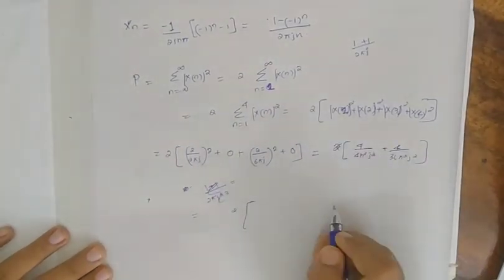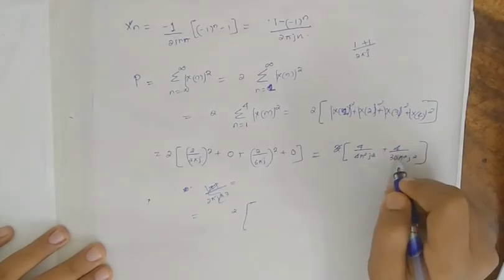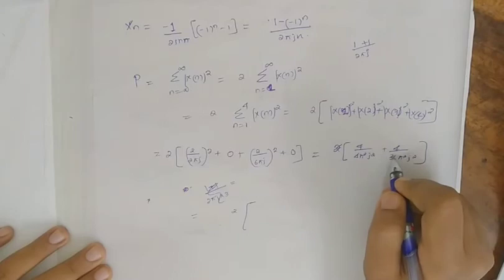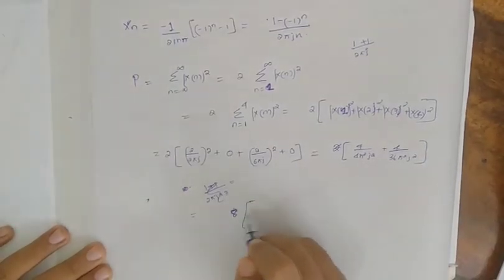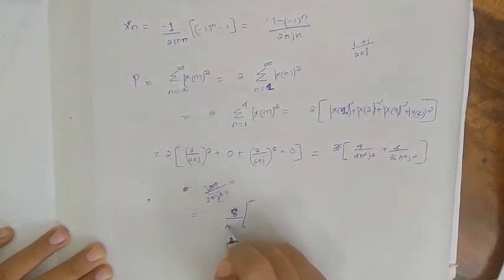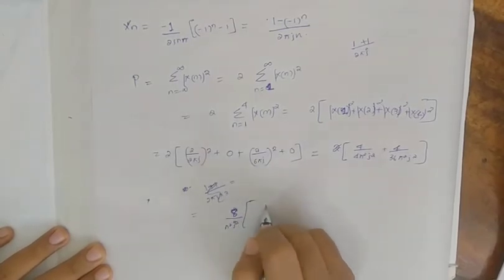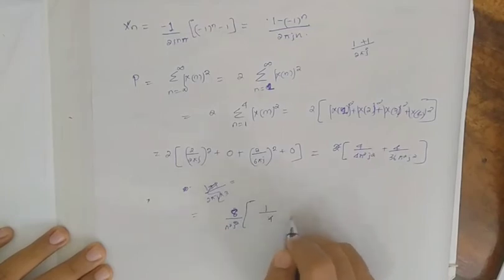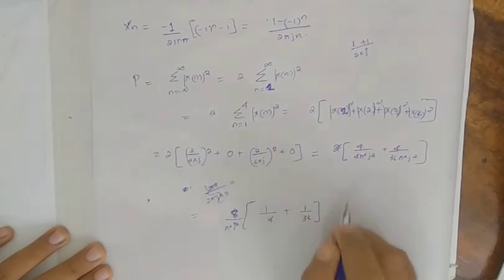Again take 4 and π²j² outside, and we will get 1 divided by 4 plus 1 divided by 36.